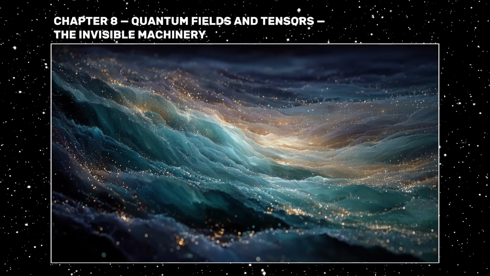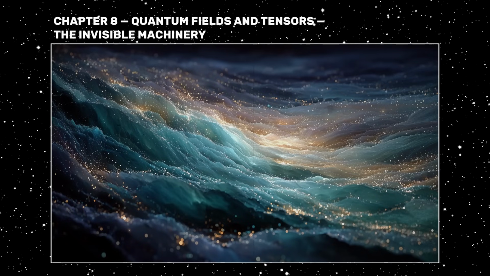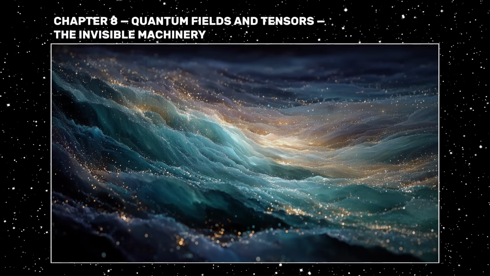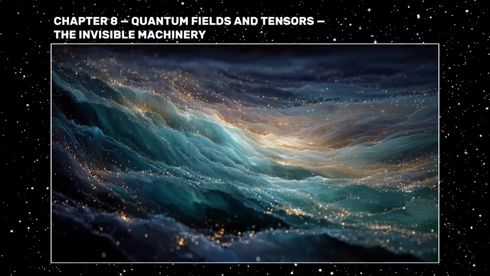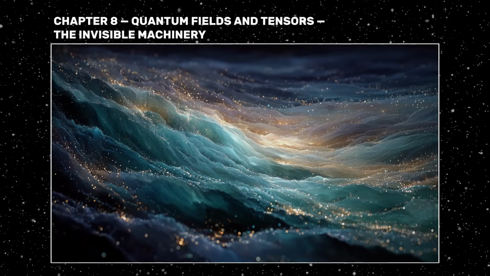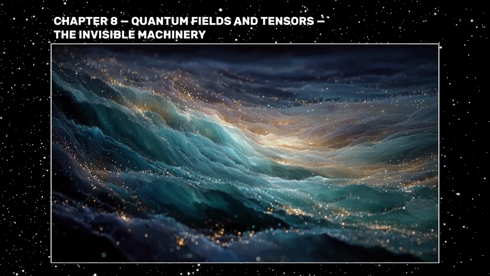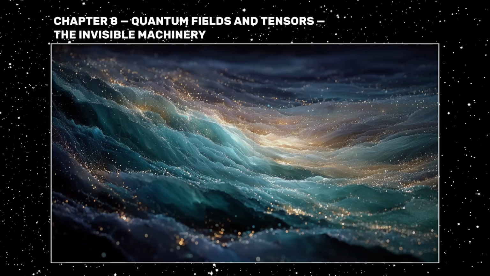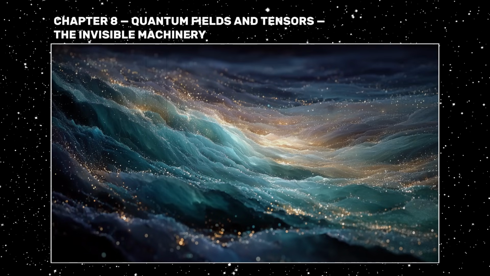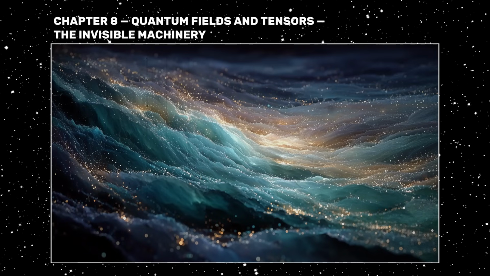In quantum theory, it becomes an operator. Its expectation values tell us how much energy the vacuum carries in a given region, how momentum flows through a system, and how pressure is exerted by radiation or matter. The source term in Einstein's field equations is precisely this tensor.